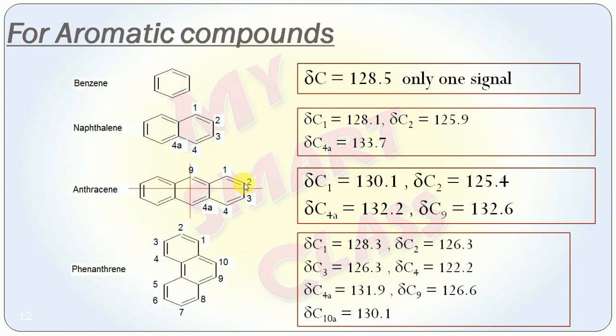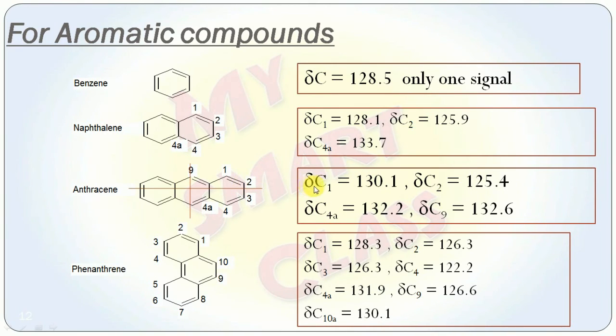From the symmetry you can easily judge which carbons give the same signal, like the signal of 9 and this will be the same. This both will be same, this both are also same. So this is a fourfold symmetry, so you can see that these two are same with these two. So for 1, 4 and this are the same signal. Here 2 and here 2 are the same, so they give only one signal.